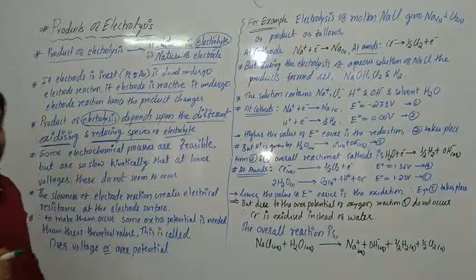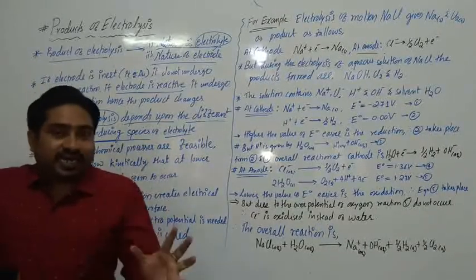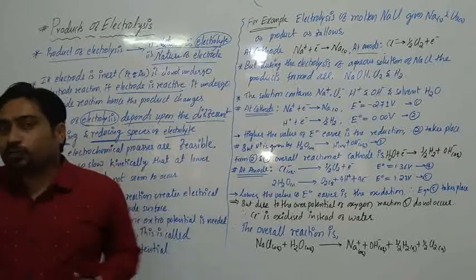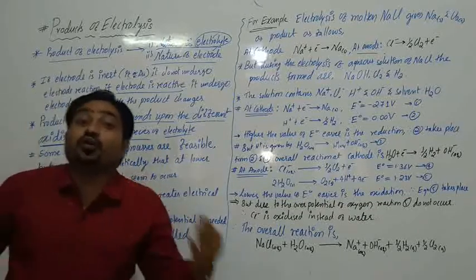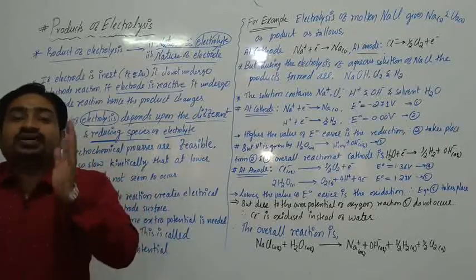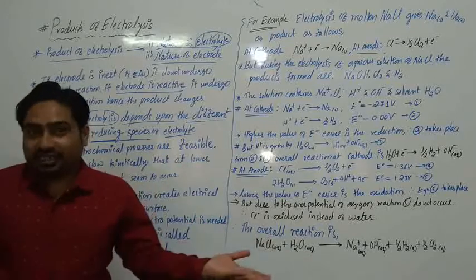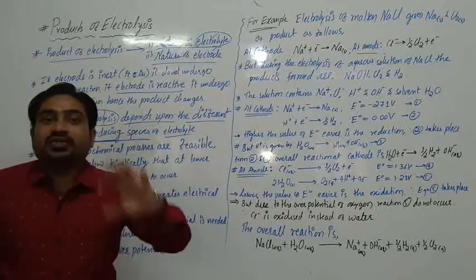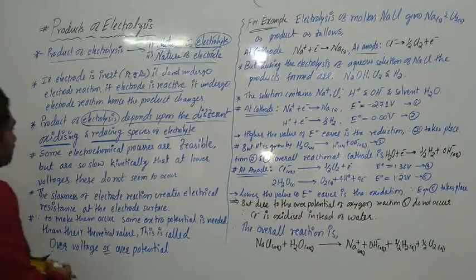Simply, at the cathode, which reaction takes place? At the cathode, reduction takes place. If our solution contains two ions which can undergo reduction, then the ion which can more easily undergo reduction gives the chemical reaction. So the product will be the result of that ion. Okay, so like that we can consider.